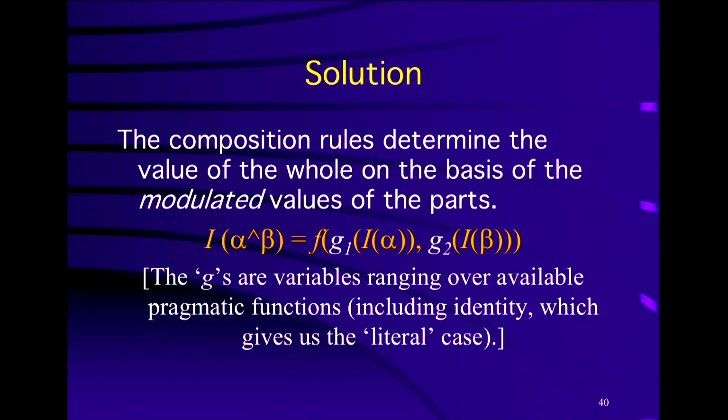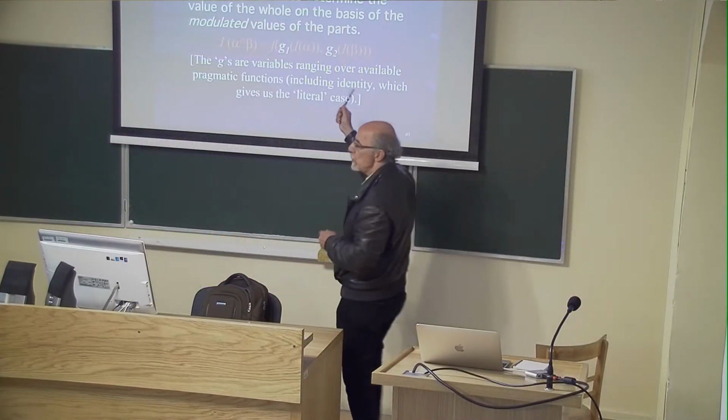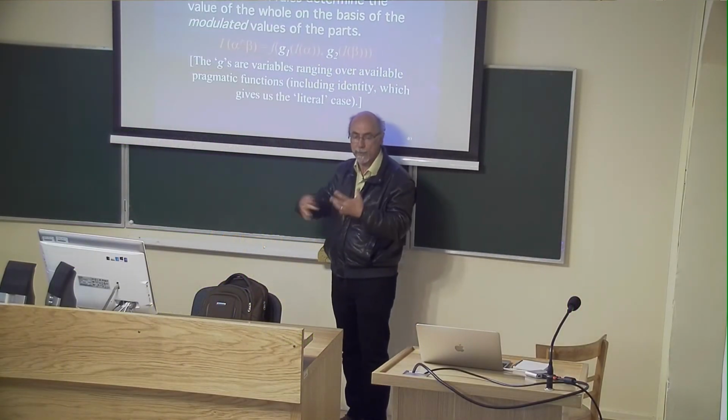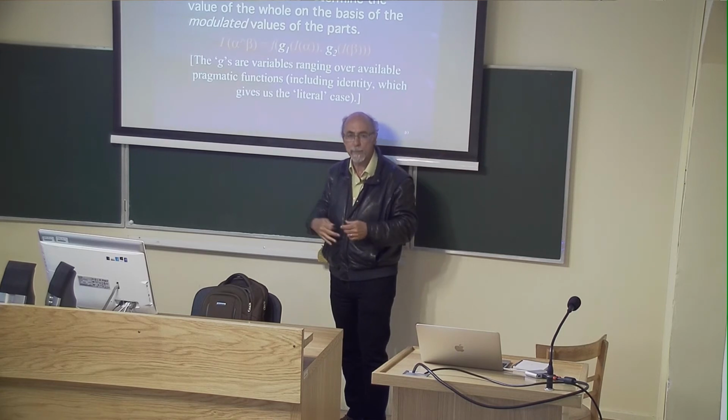So we put alpha and beta together, we modulate the meaning of alpha and beta, and that gives us the meaning alpha beta. And we do that until we reach the level of the complete sentence. And the meaning of the complete sentence on this view depends upon the meaning of the constituents, given that the meanings of the constituents may include some kind of modulation.